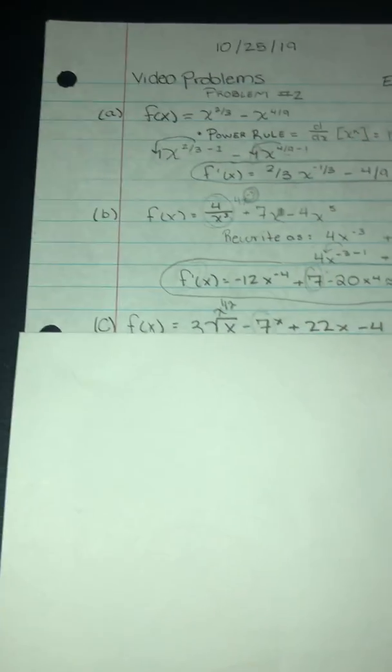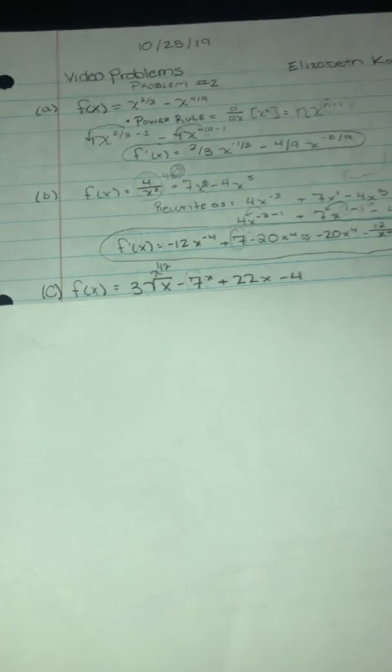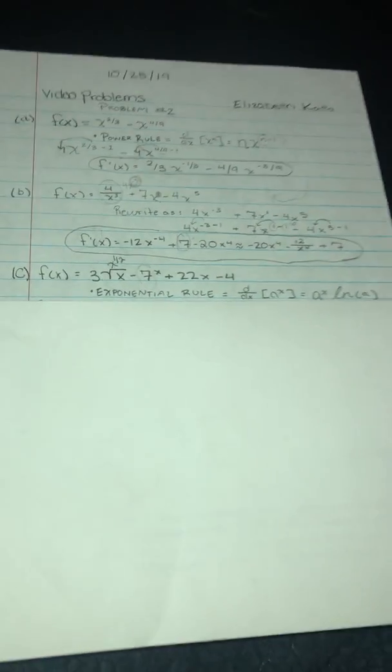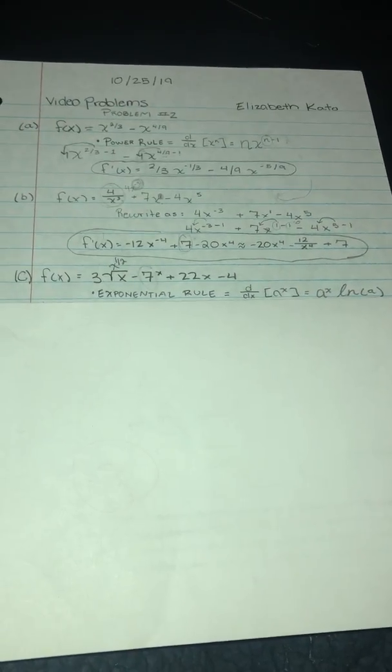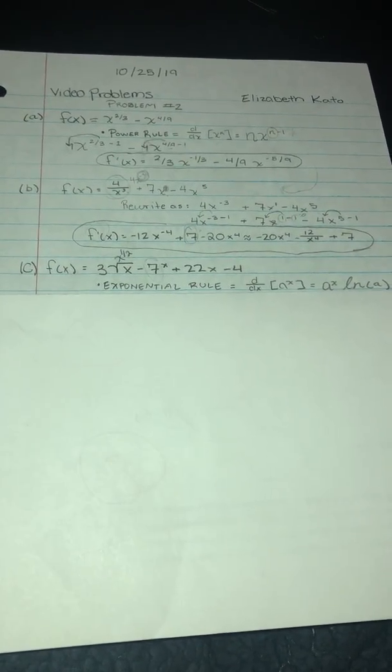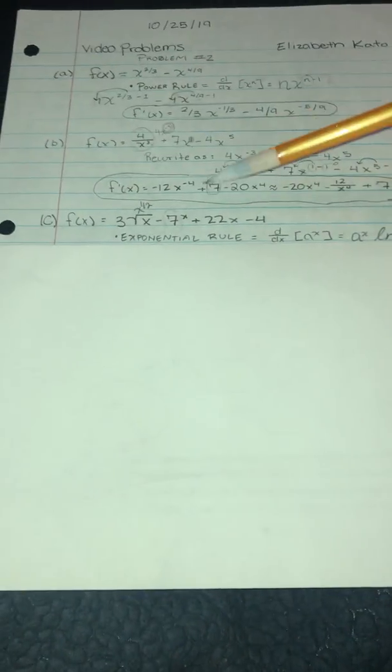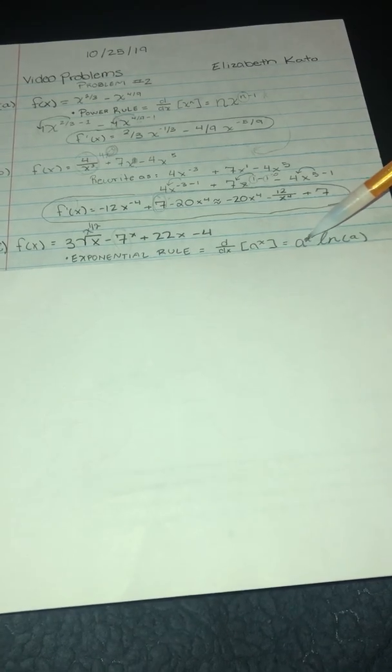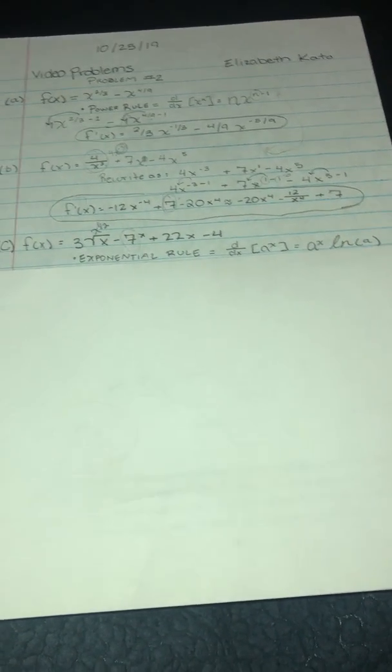And then in order for this particular problem to be solved, you have to use the exponential rule, which basically means that you want to find the natural log of the number that has an x in the exponent. So in this case, we would be finding the natural log of 7 right here, and putting it in this form, you would multiply 7 to the x times ln of 7.